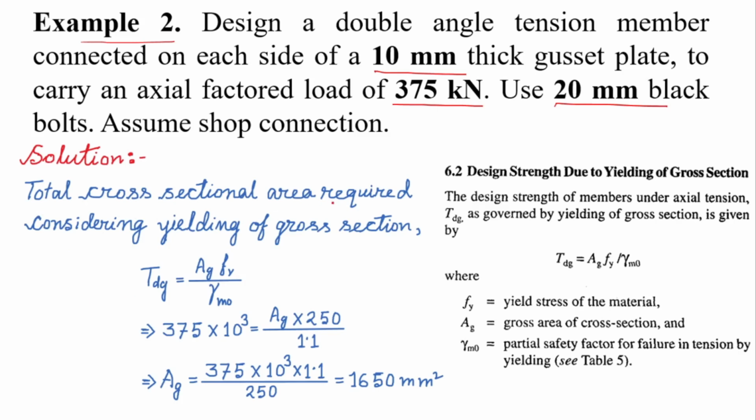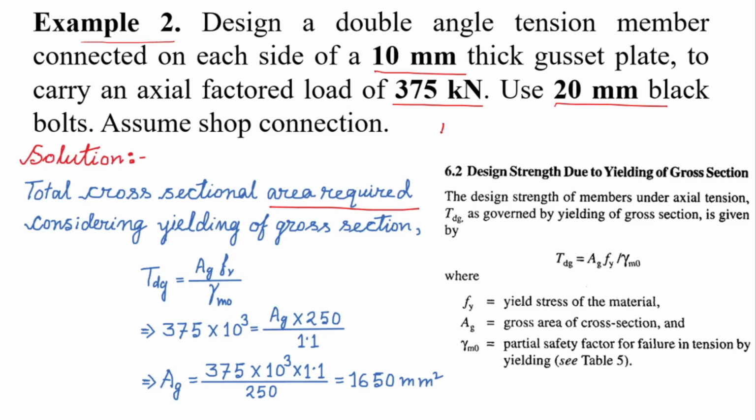Total cross-sectional area required. Before choosing the angles, first of all we have to calculate what should be the cross-sectional area required for the angles. As we have covered in our last video, the tension members are designed for 3 failures.